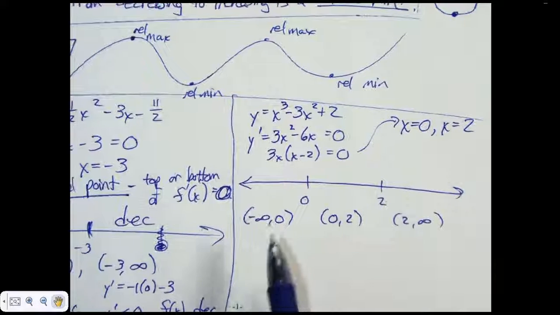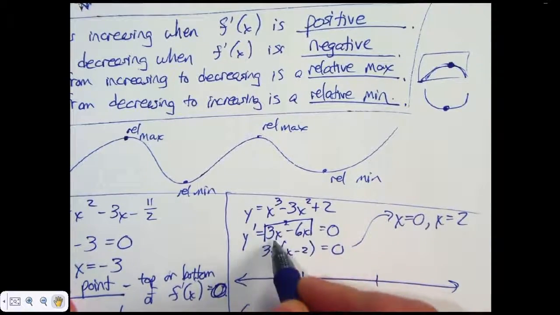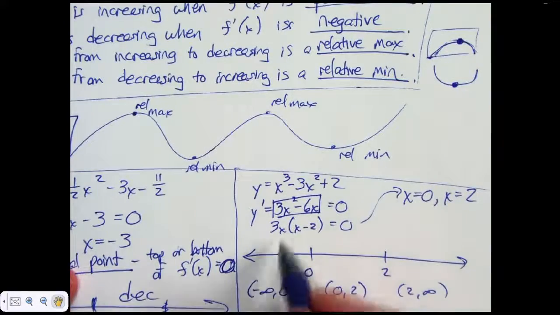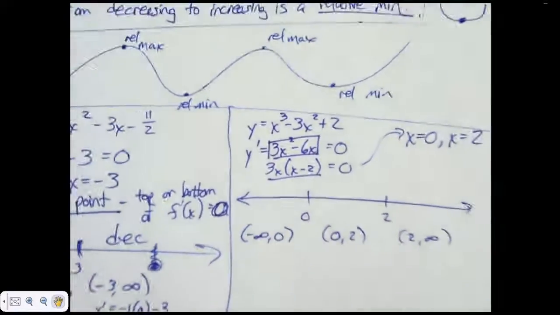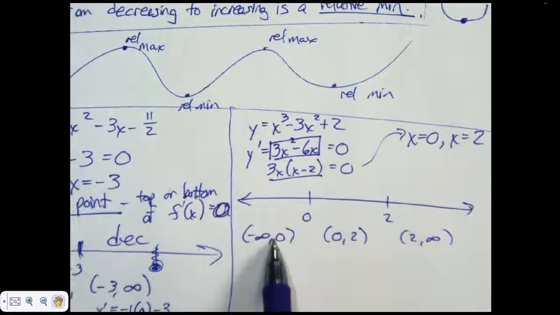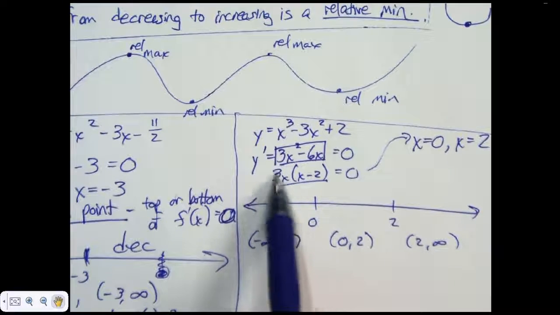From negative infinity to 0, it's either increasing the entire time or decreasing the entire time. Doesn't matter which point I pick, I'm just going to pick one. And you have choices now for where you plug back into. You can plug into that version of the derivative or that one. I think the bottom one's probably easier. If I plug negative 1 in there, does this part of the multiplication become positive or negative?